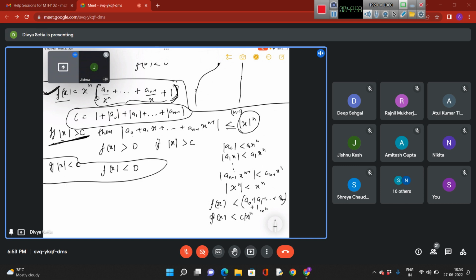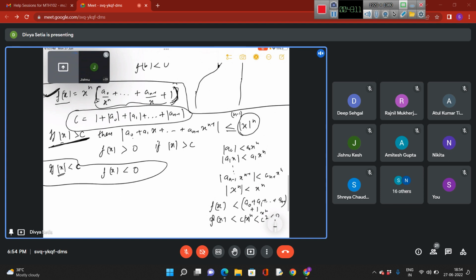Second case. Now if you consider your x to be less than c, and c is less than 0, so this will be less than 0. So basically, you just have to make it more precise.